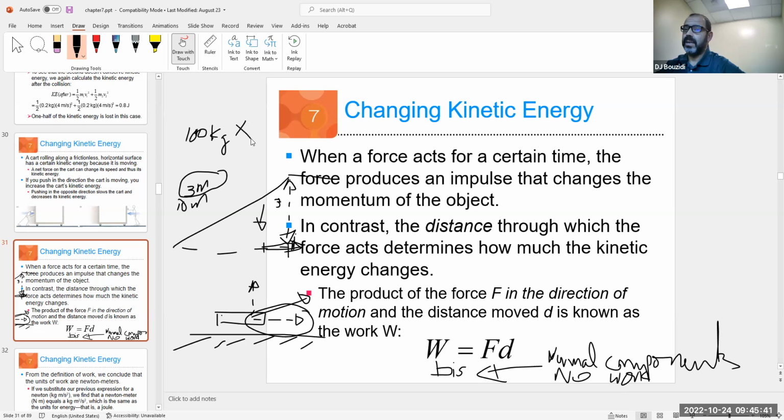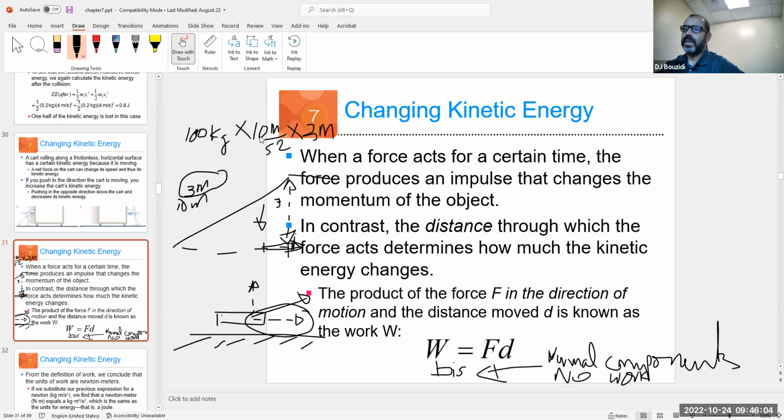So what I do in this case is the mass, 100, times 10 meters per second squared. It's actually 9.8, but I'm making it easy for myself and explaining it with 10, so it's approximately 10. If you have time, you just put 9.8. And then multiply it by 3, which is the displacement.